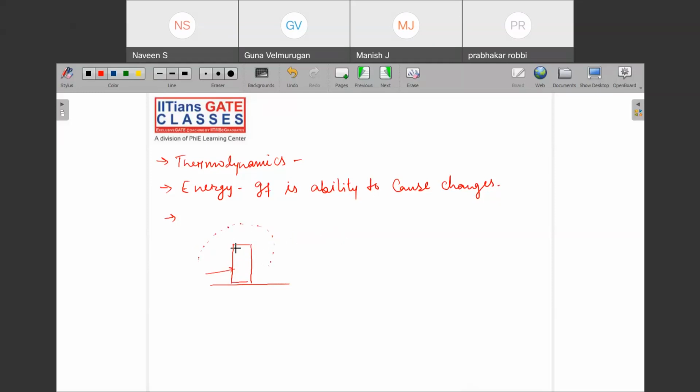If a water bottle is kept in your room, it cannot cause very significant change to things which are very far away, or, let us say, a chair, a book, or a fan in that room. The bottle is not causing much change to these other parts.